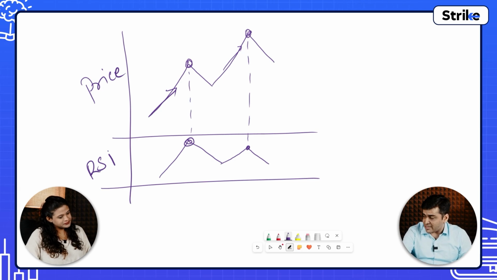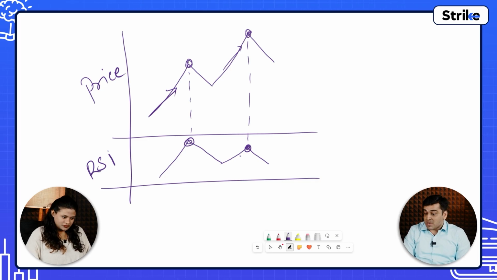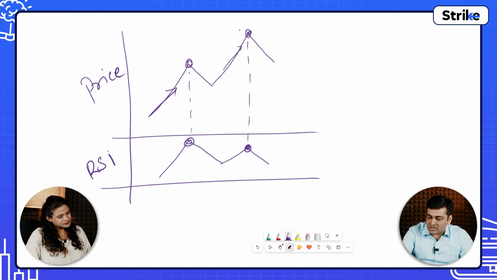Now the car's direction has not changed, it's still going ahead, but the speed has reduced to 60 kilometers per hour. The question is, why did the driver reduce the speed of the car? Maybe there is some hindrance, or maybe he wants to take a U-turn, right or not? So probably over here there could be some resistance.